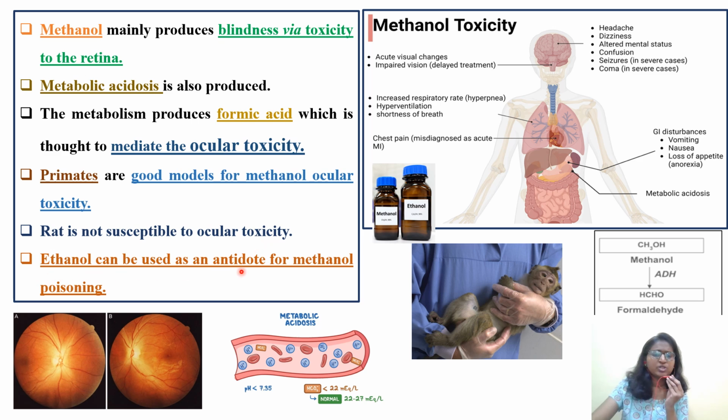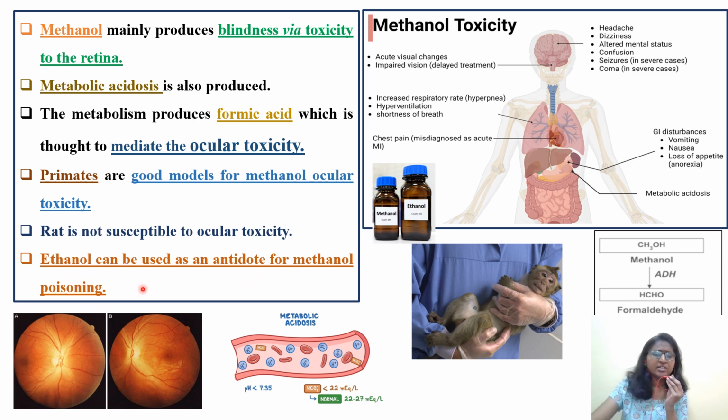Next, ethanol can be used as an antidote for methanol poisoning. One thing you have to remember is that whenever you are reading about any chemical and its toxicity, you have to learn whether there is any antidote available for that particular chemical. In the case of methanol toxicity, you can use ethanol as an antidote.